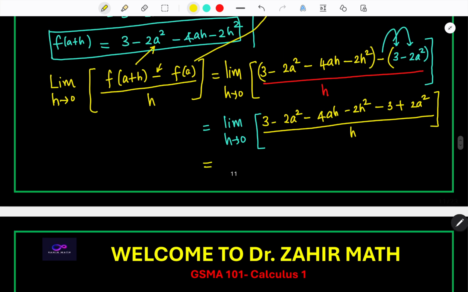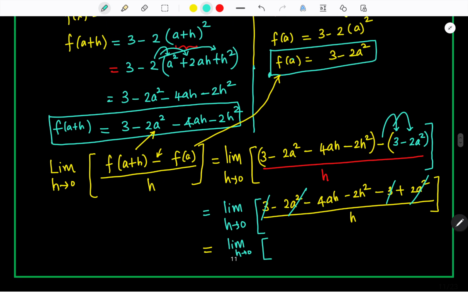Now look here, there is a 3, there is a 3, which gets cancelled, and there is a 2a square which gets cancelled. Keep in your mind, I'll give you one shortcut. Every time when you put all these things in the terms, this f of a must get cancelled inside your equation. Remember, all of you.